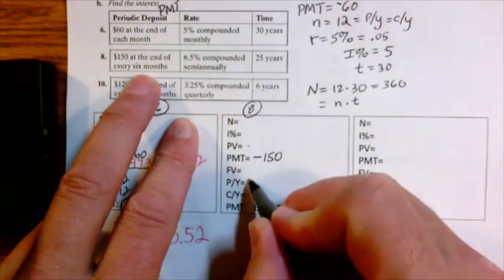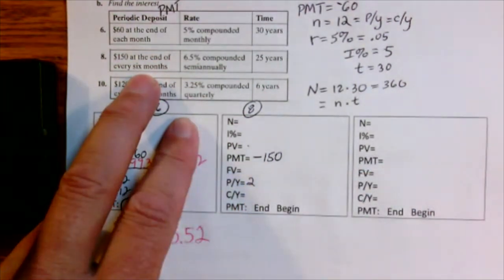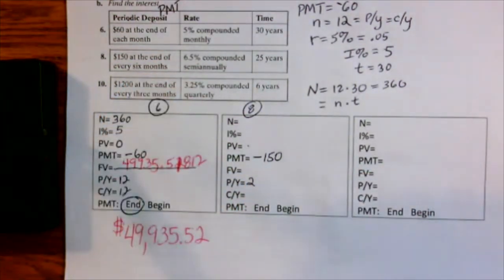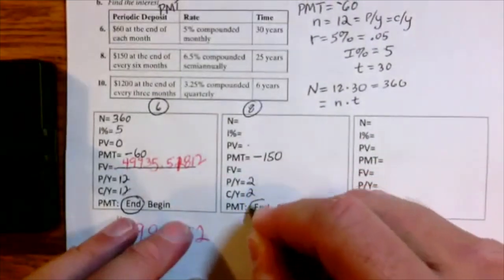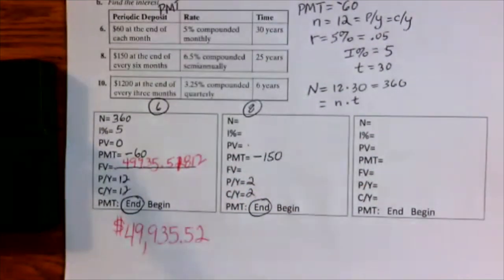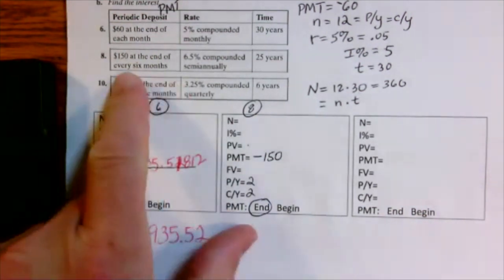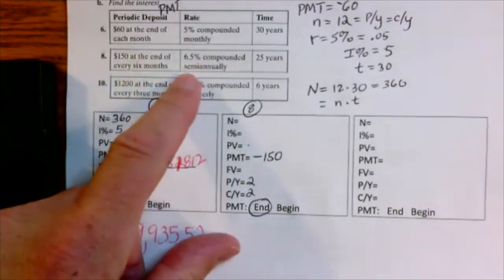So payments per year would be 2. Said another way, we would say that the interest is compounded semi-annually, twice a year. And the payments per year and compounding factor per year is always the same. So compounding will occur as the payments occur. So that takes care of those two.